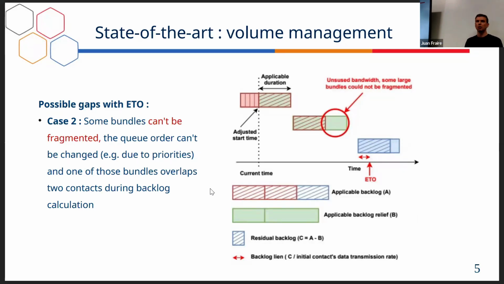And ETO works well only if you can fill all of those contacts, which is not always the case, because if you have bundle priorities, you can't reorder the queues. So it might be complicated to have a very precise ETO in these kinds of cases. And again, it means that the bundles are likely to be very large, otherwise the gap is maybe negligible.